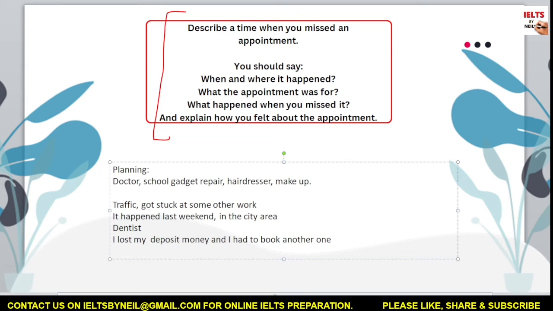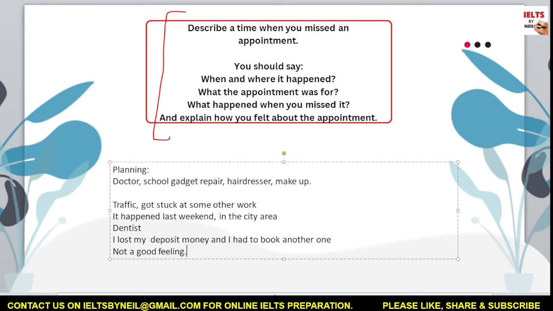Of course, I mean, not good. It's not a good feeling. You can explain that you were waiting for this appointment for 2 weeks, and you were getting things ready, but at the last stage you missed it. Anything you can say. You just have to talk about your feelings.